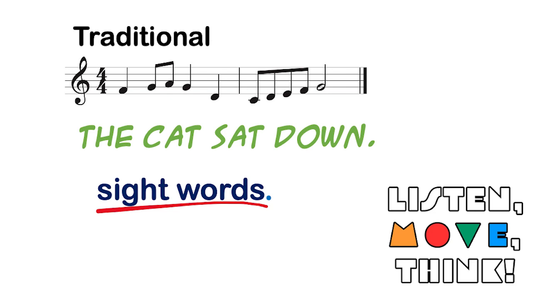But that's still not a sight word. It's the cat sat down. And that makes perfect sense. The cat sat down. F, G, A, G, D, C, D, E, F, G doesn't make sense to our ear.